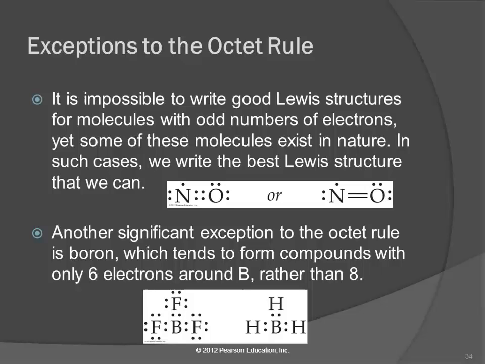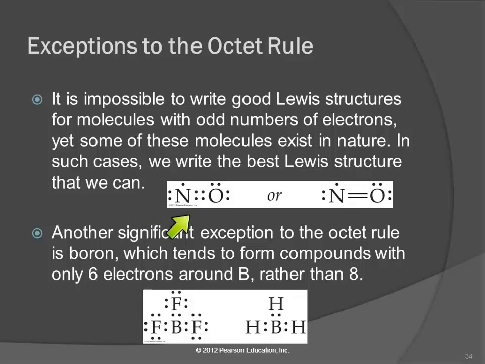Okay, so the octet rule is lovely and all, but there's exceptions to it. There are some molecules that have an odd number of valence electrons. An odd number of electrons, period. And so it is absolutely impossible for them to have an octet. And so when we come across something like that, we just do the best we can. So nitrogen monoxide is an example of this.